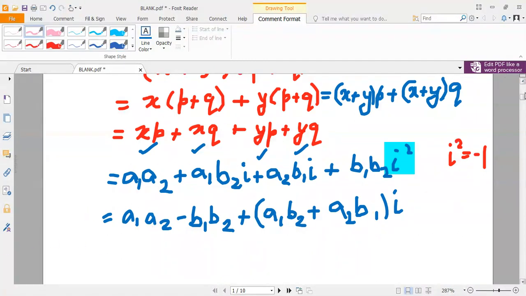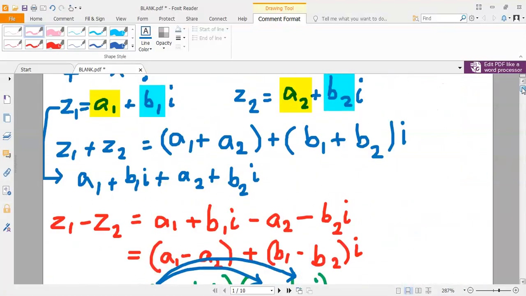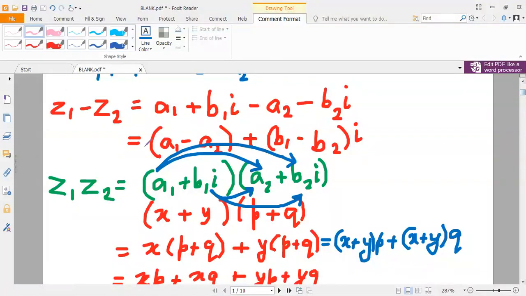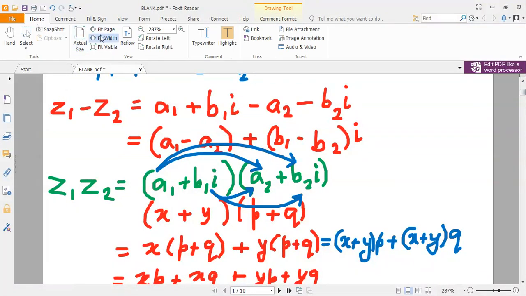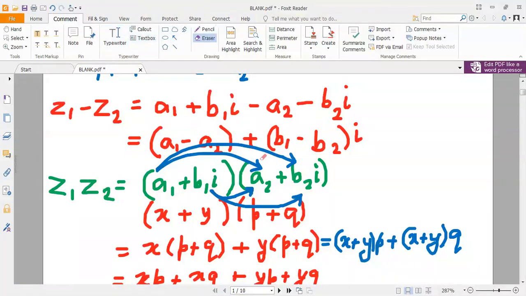When we look at addition and subtraction, they seem pretty easy, right? a1 plus b1i plus a2 plus b2i. Let me remove these two things over here. Can I remove them at the same time? I don't think I can. Maybe let me try this. Yeah, I can.